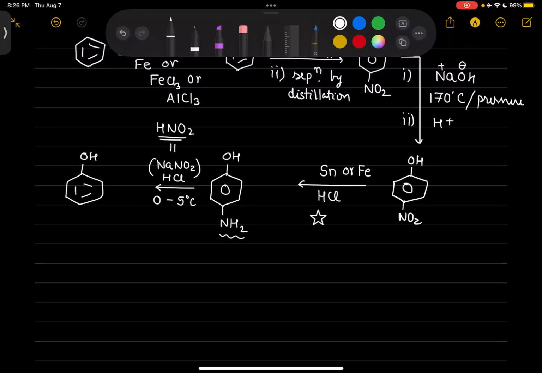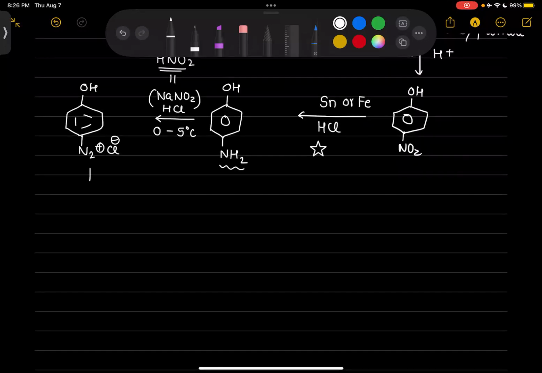Sir, diazonium. Yes, it is diazonium. Got it. And then in the next step, that can be converted to any desired compound. What do I need to take over here?